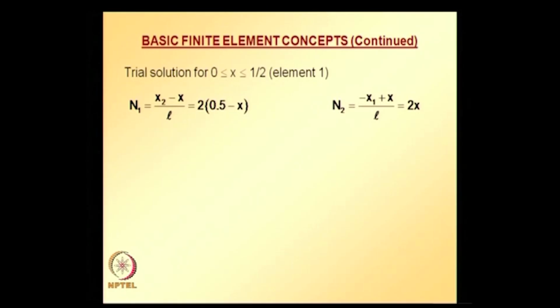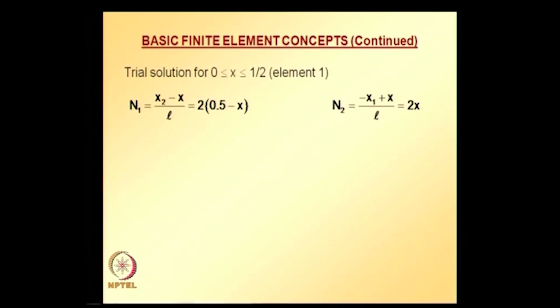So, the trial solution for element 1: substitute the spatial coordinates corresponding to node 1, node 2. Here you have 2 elements. For each element you have local node 1, node 2, and the global node number is different from the local node number. For element 1, local nodes 1 and 2 coincide with global nodes 1 and 2.